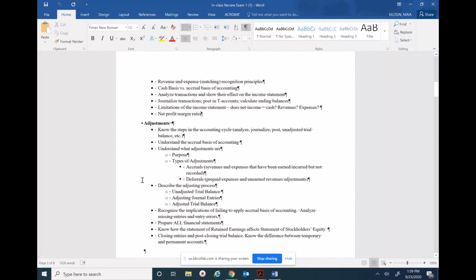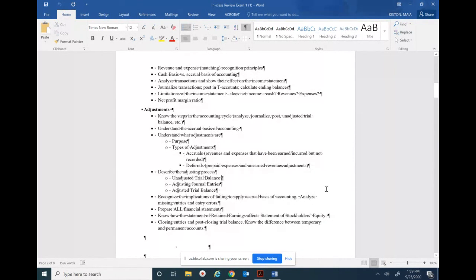You need to be able to tell me what type of adjustments exist, so accruals and deferrals. And you need to be able to describe the adjusting process, just like we did in the comprehensive problem. You need to be able to prepare a statement of retained earnings and tell me how that affects the stockholders' equity. So basically, this is the material that we covered in chapters 1 through 3.